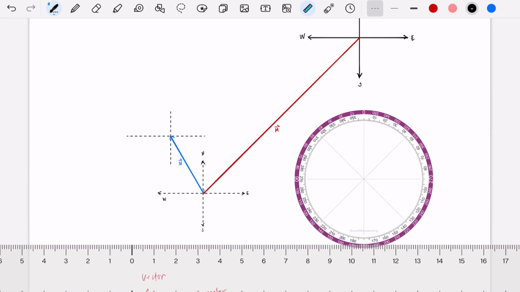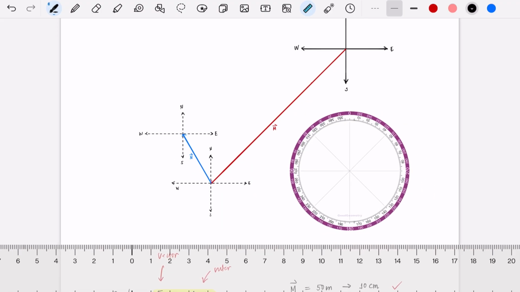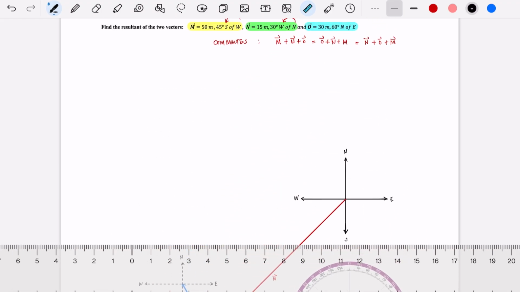As I've said, consistency is key here, guys. This should still be north, this south, and this east and west. Never interchange your directions, so you stick with what you decided in the first place. Consistency.